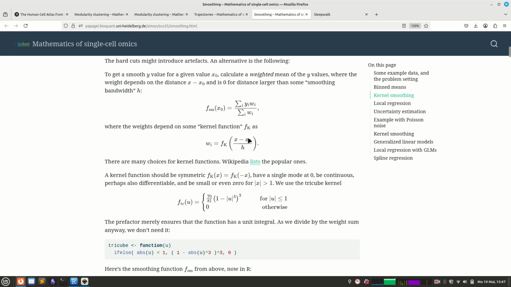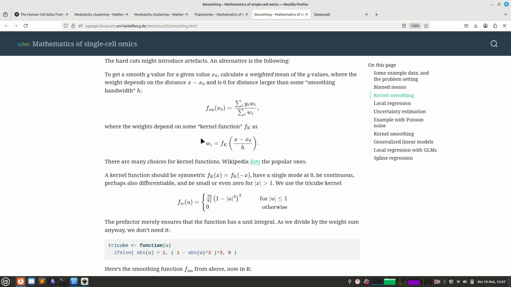So I want to calculate the value of my smoothed function at position x0. So I check how far each point is from x0, and then I use a kernel function, and kernel function in this context always means a function which looks like this, with a bump around 0.